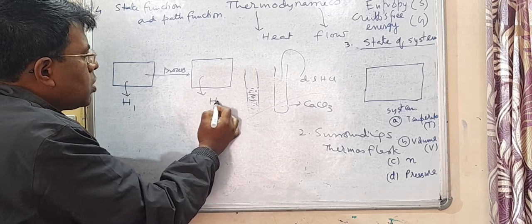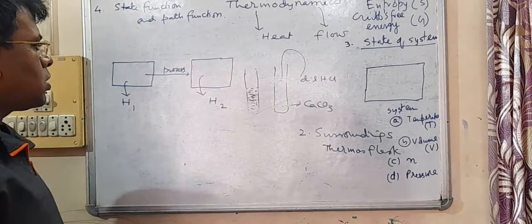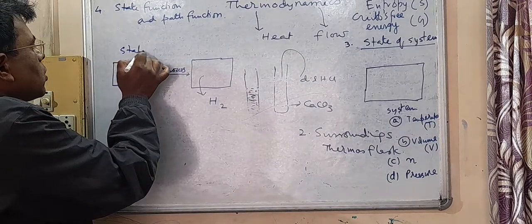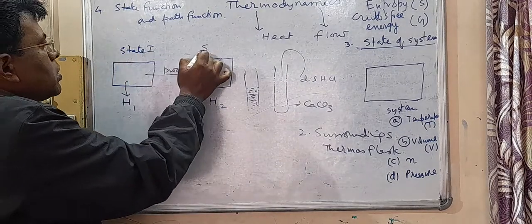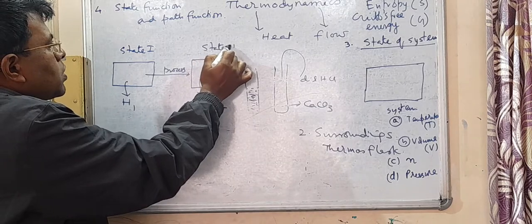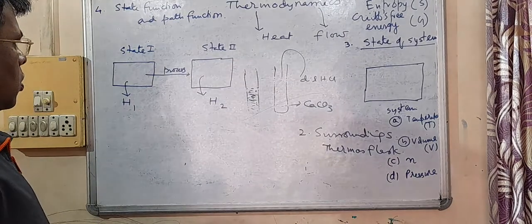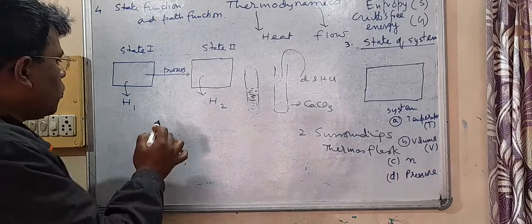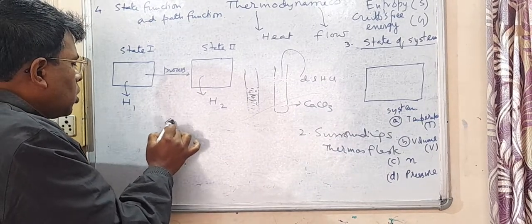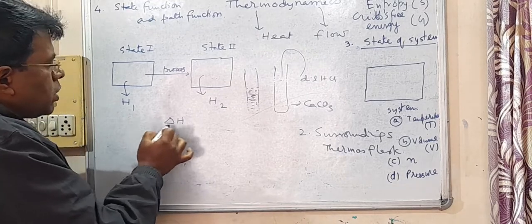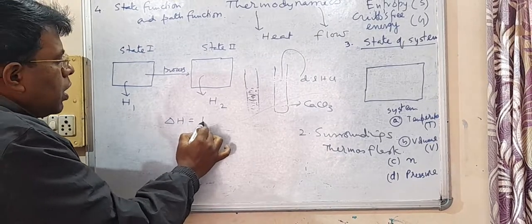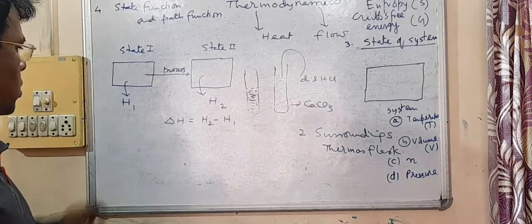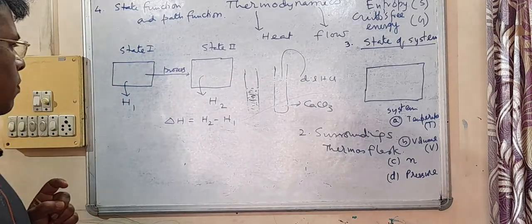Now suppose the enthalpy value is H2. So this is state 1 of the system, this is state 2 of the system. So what is the change in the enthalpy value? Change in enthalpy value, we can call it delta H. So delta H will be H2 minus H1. So this is the change in enthalpy value.